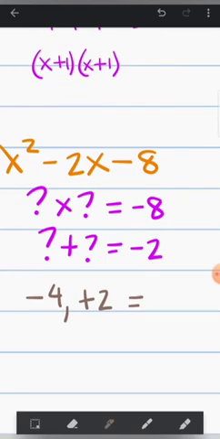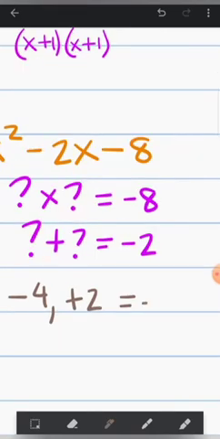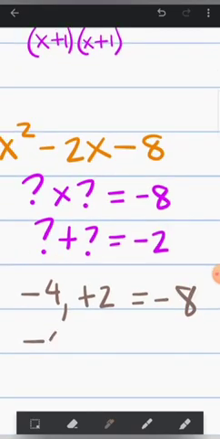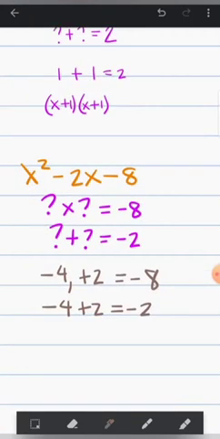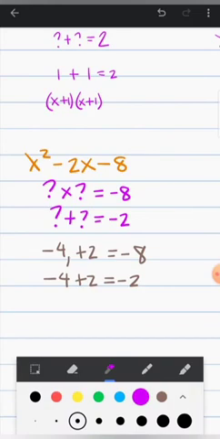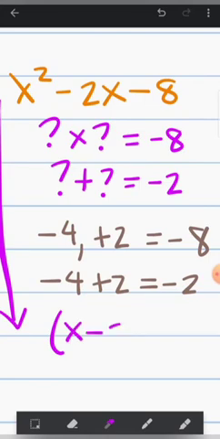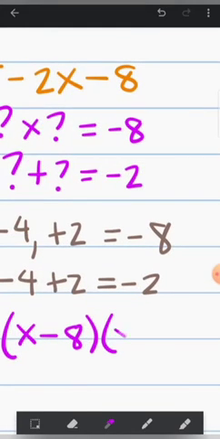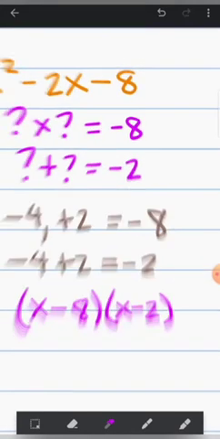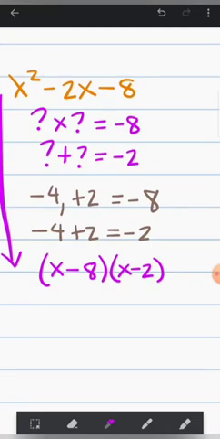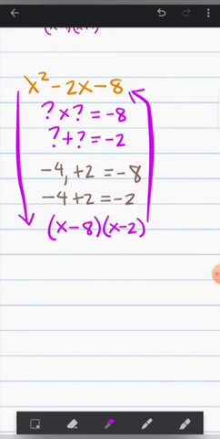Because negative 4 times 2 is negative 8, and negative 4 plus 2 is negative 2. So now, our answer, or the factors of x squared minus 2x minus 8, are just x minus 4 and x plus 2. If you check, it will lead us back to x squared minus 2x minus 8.